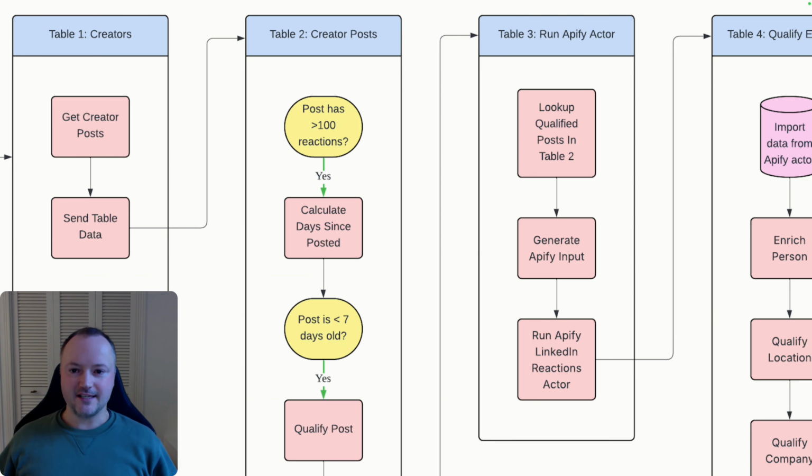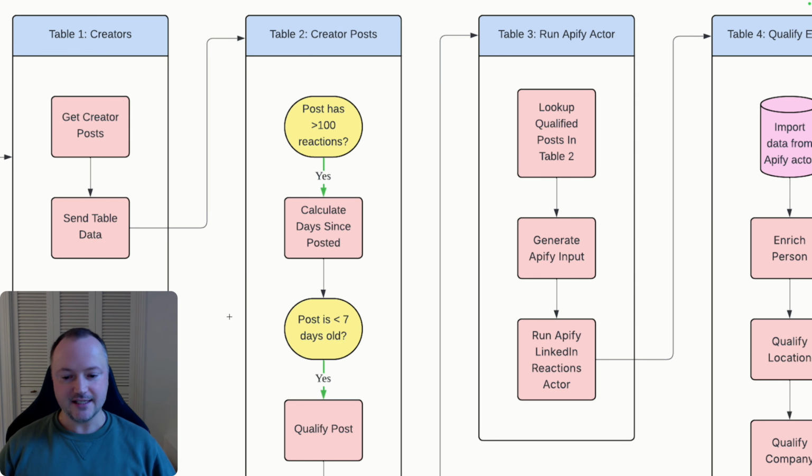So let's talk about table 2, the creator posts. We have one post per line, and then we're able to run enrichments on every single row. So firstly, does the post have more than 100 reactions? If yes, then continue to the next step. The next step is let's calculate the number of days since that post was posted and make sure that it's recent and that it's still fresh.